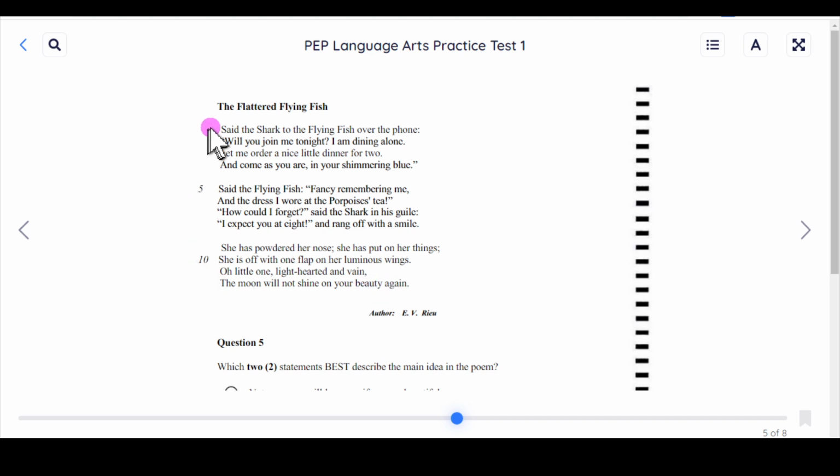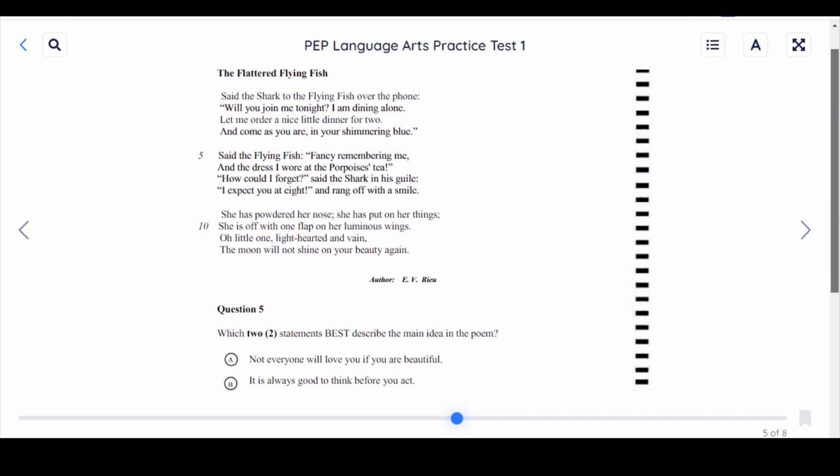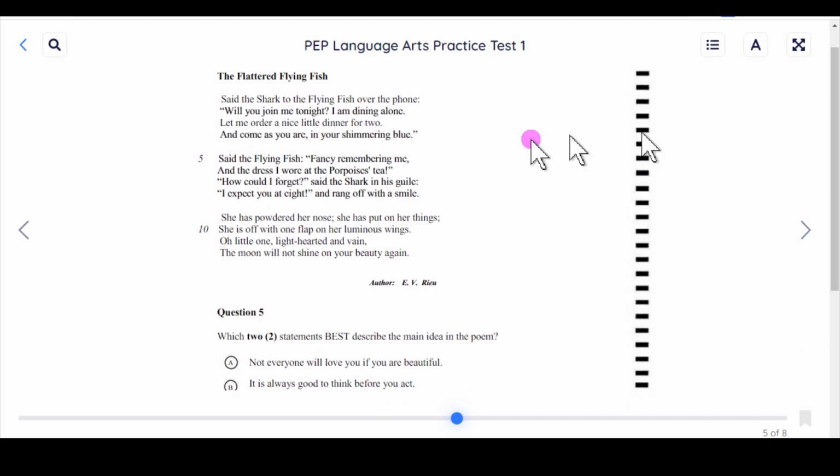All right, so I'm going to read it once more just to make sure I have a better understanding of what's going on. Said the shark to the flying fish over the phone, "Will you join me tonight? I'm dining alone. Let me order a nice little dinner for two.